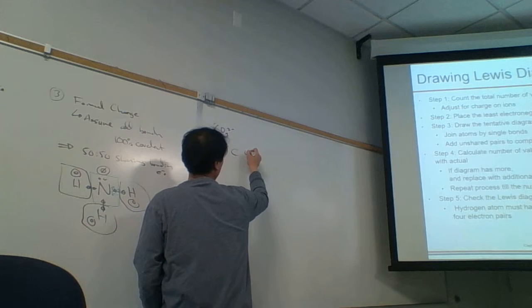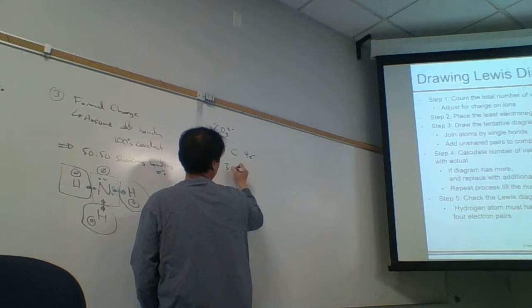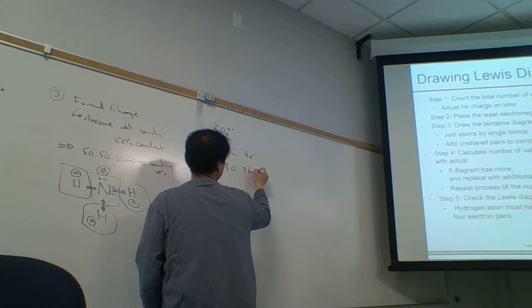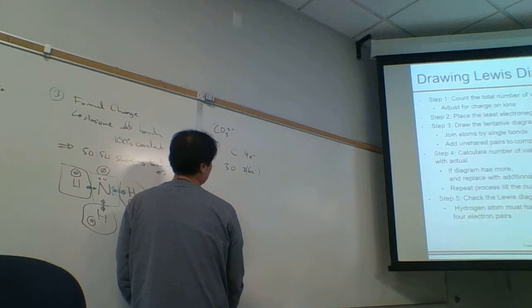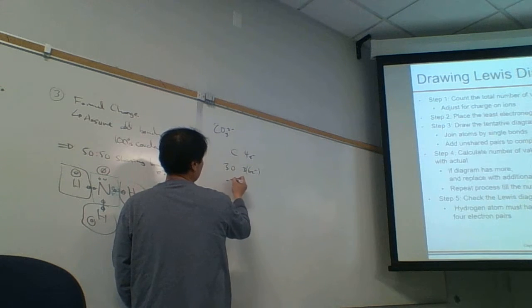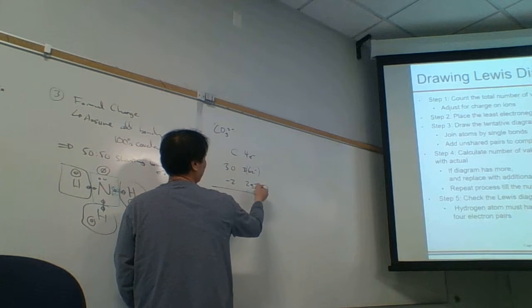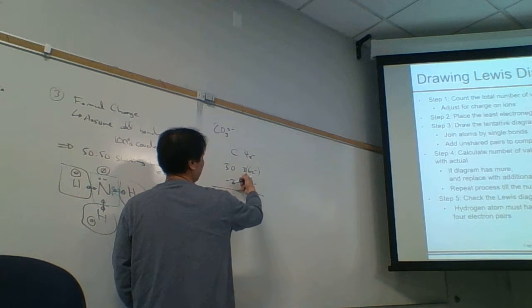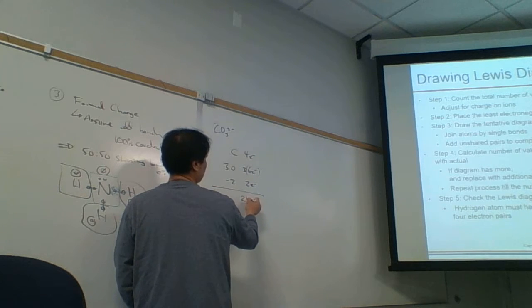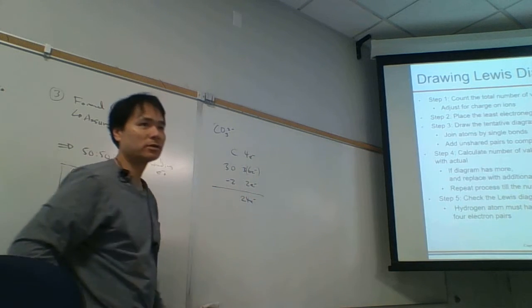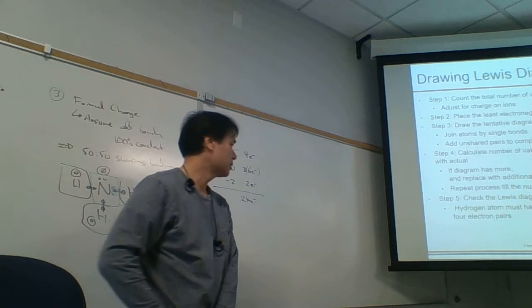Carbon has 4 valence electrons, 3 oxygens, that's 6 electrons each, and then the -2 charge. A -2 charge means we have 2 extra electrons there. And that's 18, 22, 24 electrons. Is that what you got? 24 electrons. All right.